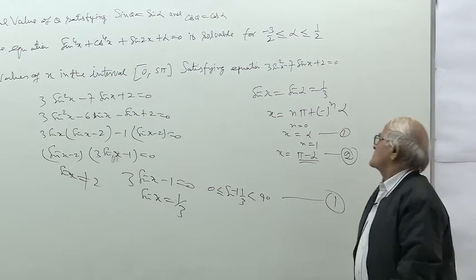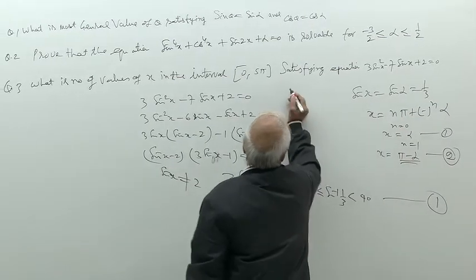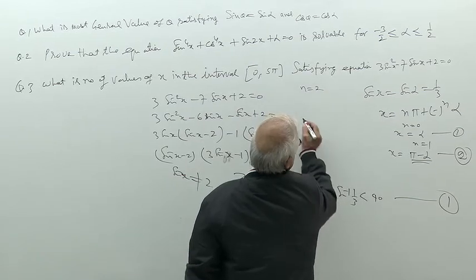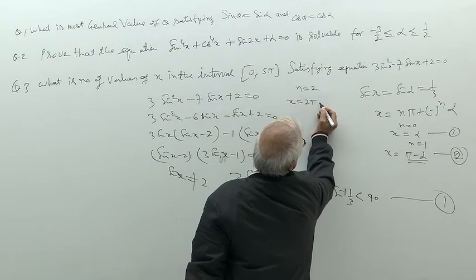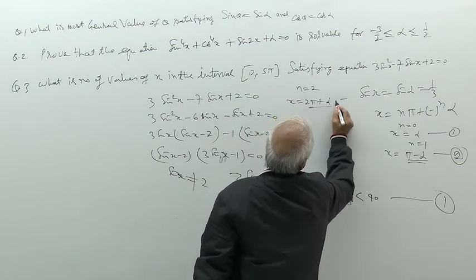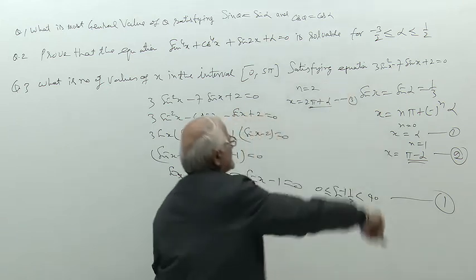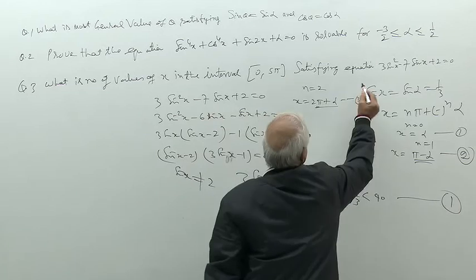Now we take n is equal to 2. Put n is equal to 2, what do we get? We get 2n pi, that is 2 pi, plus alpha. This is the third value. You see here, no doubt.